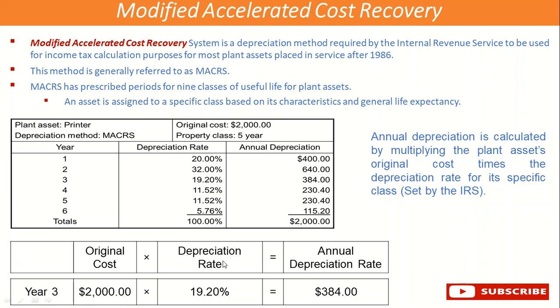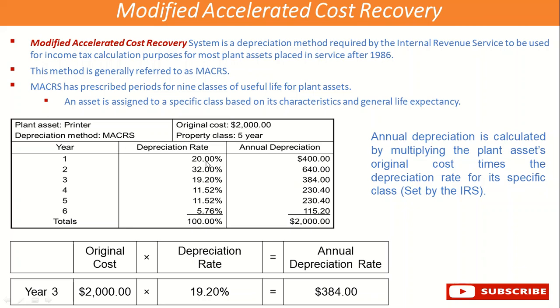We just multiplied the original cost by the depreciation rate provided by the department, and we have the annual depreciation for year 3, and that is $384. In the very same way we calculated the depreciation for each year, multiplying the original cost by the depreciation rate for each year.